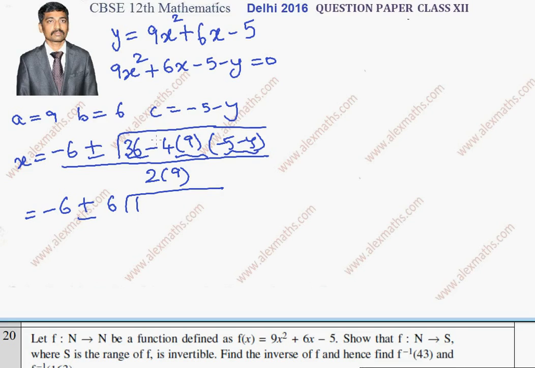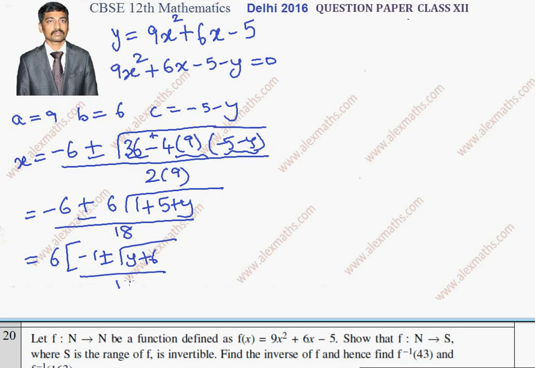And these two minus, if I put it here, it will become plus here. So plus 5 plus y whole divided by 18. Again I can take 6 common. So minus 1 plus or minus root of y plus 6 whole divided by 18. So finally this is minus 1 plus or minus root of y plus 6 by 3.